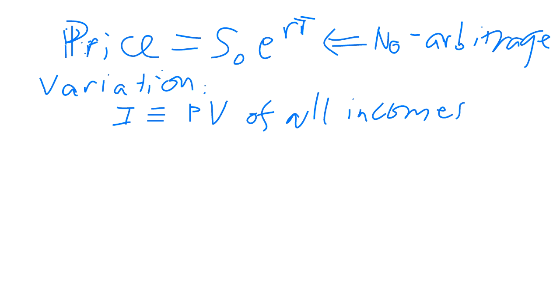Well, you should subtract the income, the present value of all income, from the underlying spot price. F, the futures or forward price, equals (S0 minus I) exponential RT. Okay, so that is when these incomes are discrete.